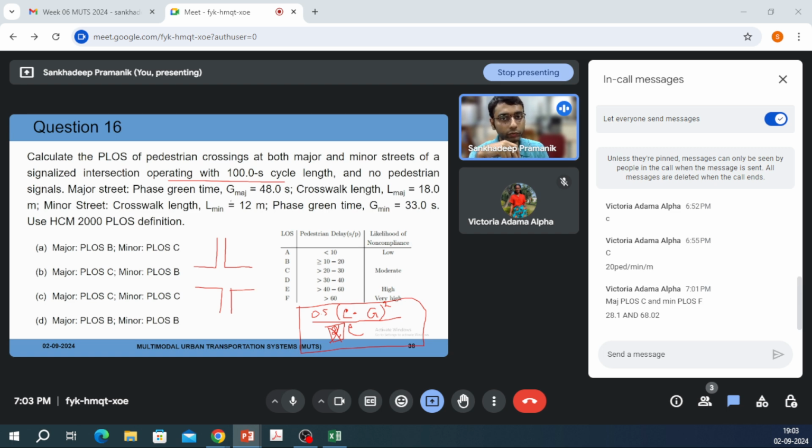The green time for the major road is 48 seconds, and the crosswalk length is 18 meters. For the minor street the crosswalk is 12 meters, and G mean, the green time for the minor road, is 33 seconds.